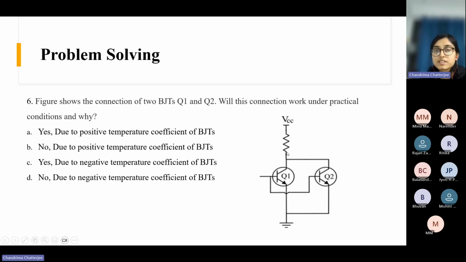Here two BJTs are connected in parallel. The base of this transistor is connected to the base of this transistor, the collectors are connected as well, and the emitters are also connected. So the two BJTs are in parallel. Is this connection okay, or can't it work?